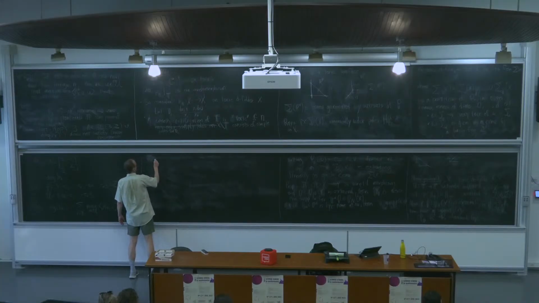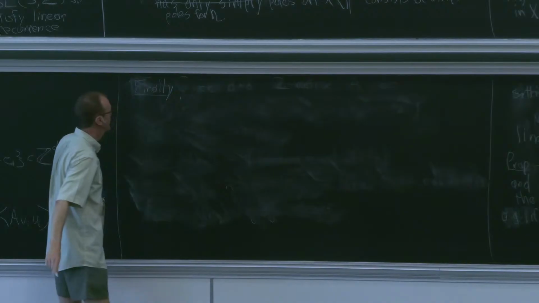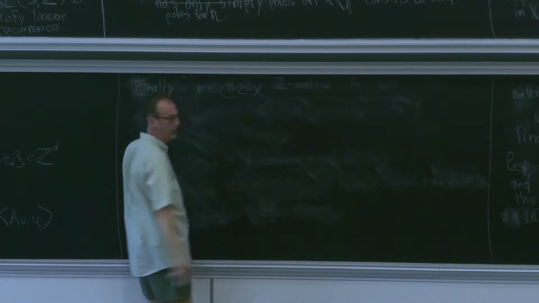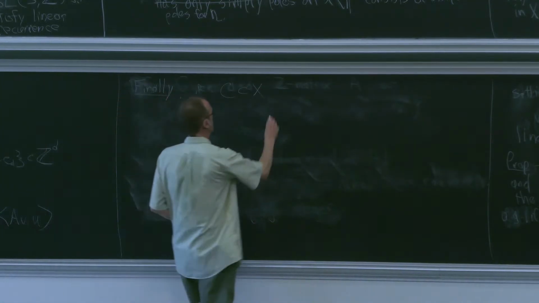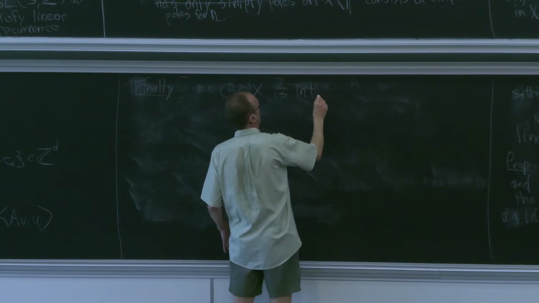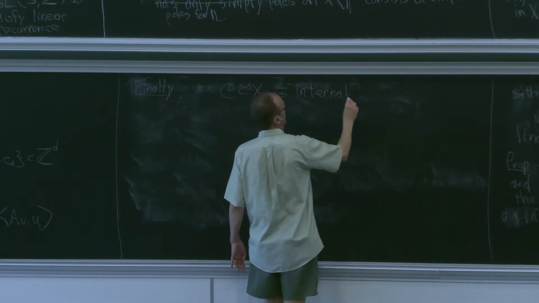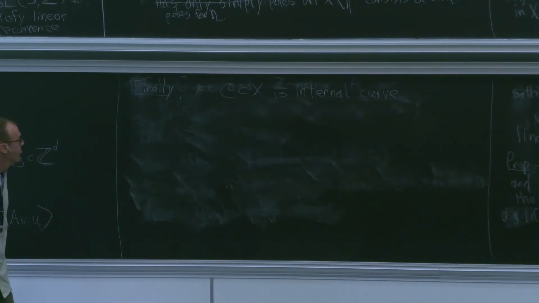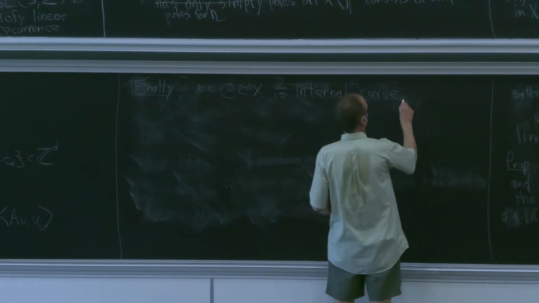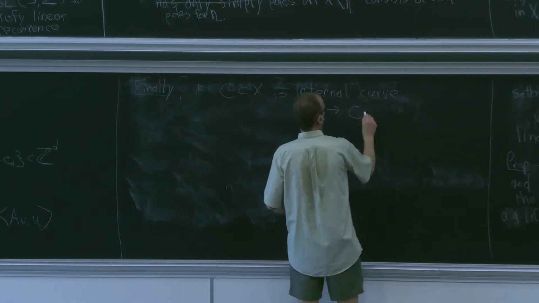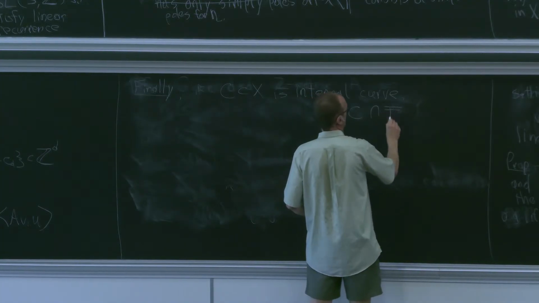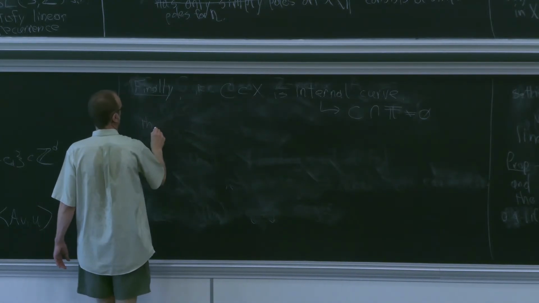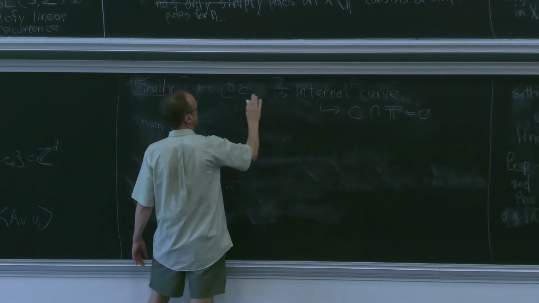Okay, so finally, I'm almost there. If you have a curve on X, so by curve, I mean irreducible algebraic, it's internal, meaning it's not contained in a pole, it intersects the torus somewhere, then actually P^d is enough.